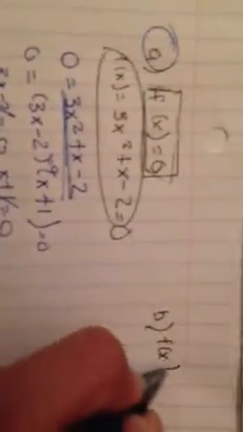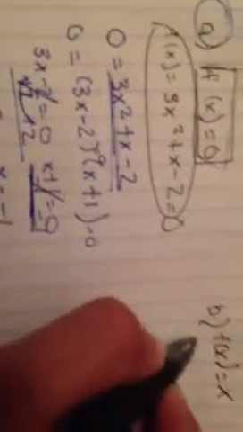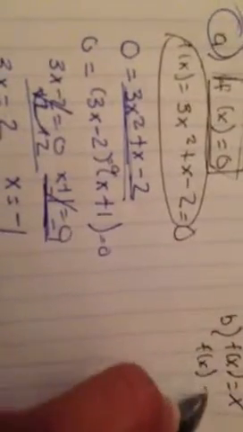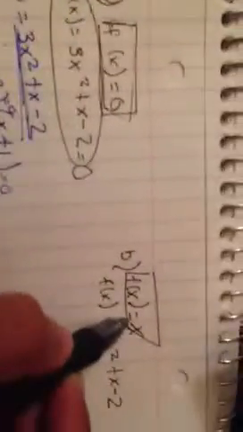Now, letter B. f of x is equal to x. In our equation, f of x is equal to 3x squared plus x minus 2. So f of x is equal to x, which we will apply into here.